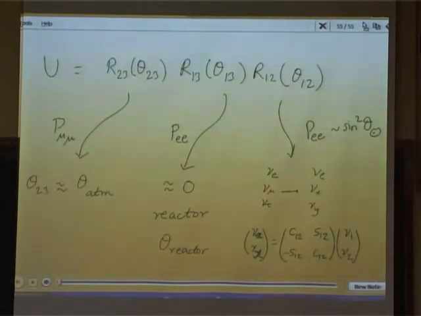So this told us that the mixing angle between nu 1 and nu 2 that we were looking for was this theta 1 2. Therefore, theta 1 2 is nearly equal to theta solar.